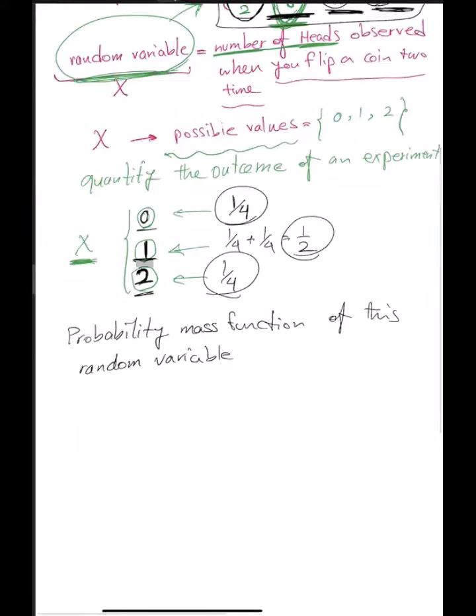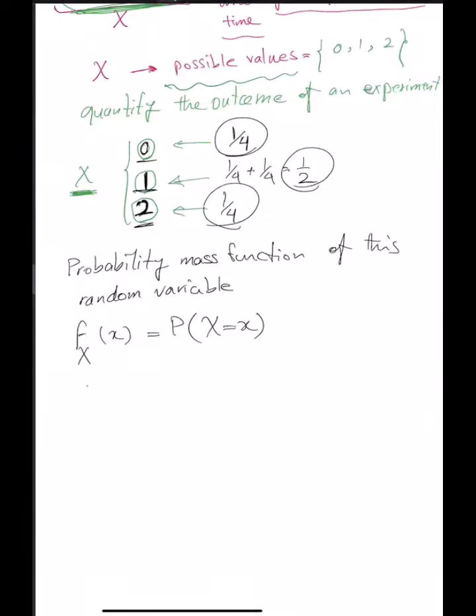I know the possible values that are 0, 1, 2, and I know the probabilities. The notation to write it is either lowercase f, capital X at the subscript, x, which is probability of X equals x.